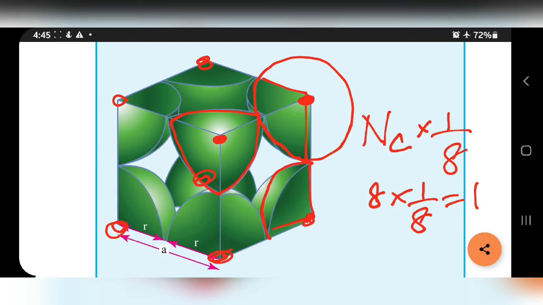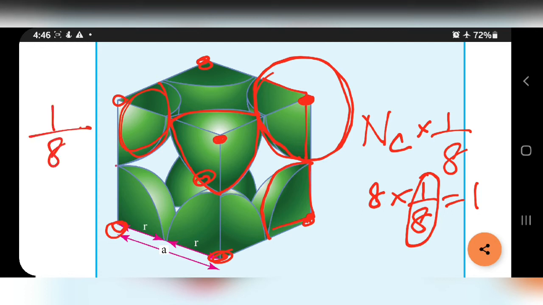Why here are we multiplying Nc into 1 by 8? Because, as I already told, this is part of an atom, not the full atom. The size of that part of the atom is 1 by 8.